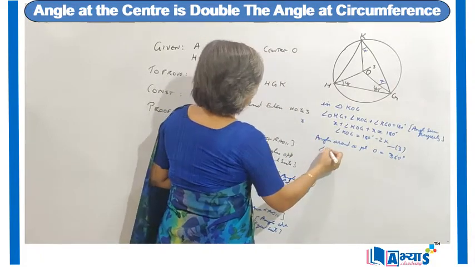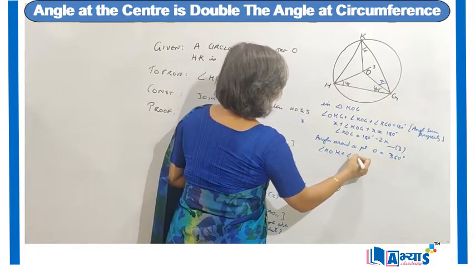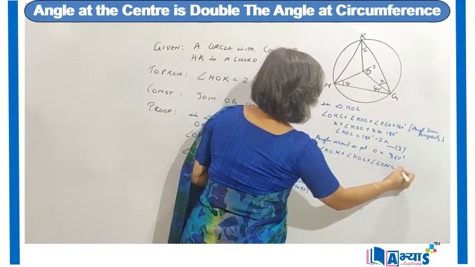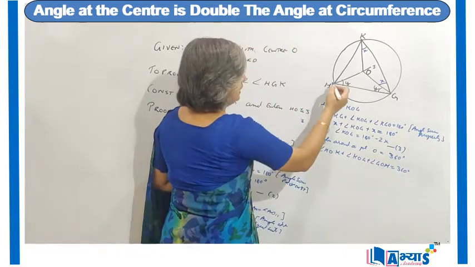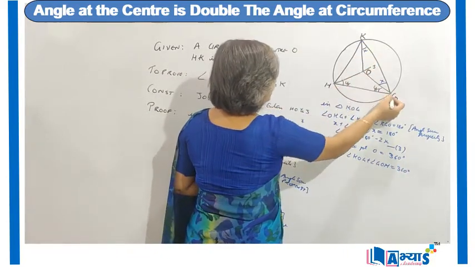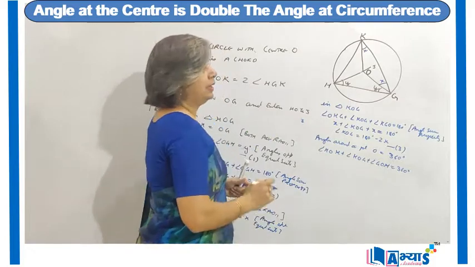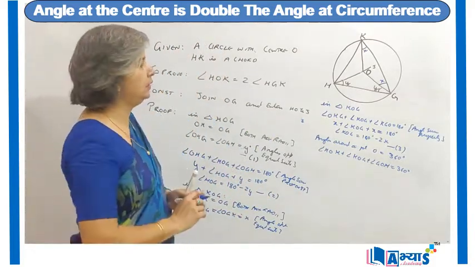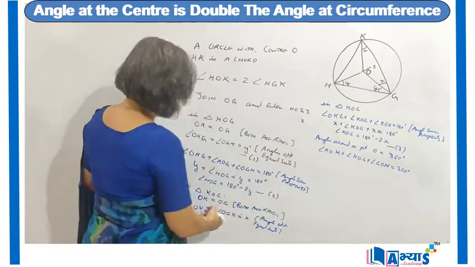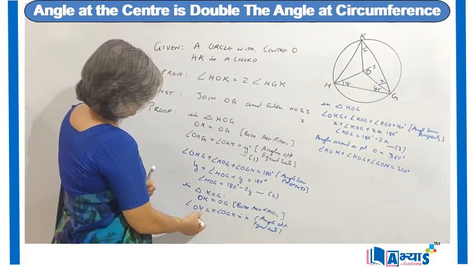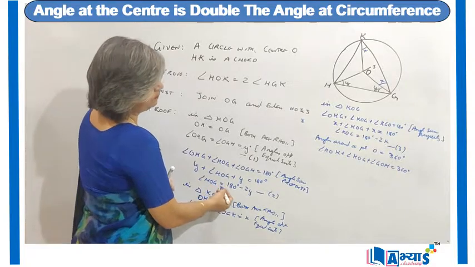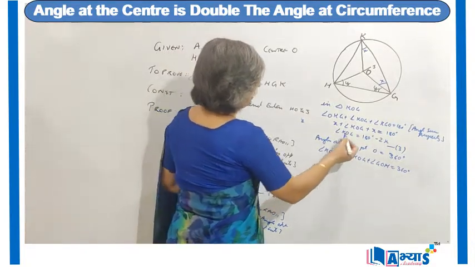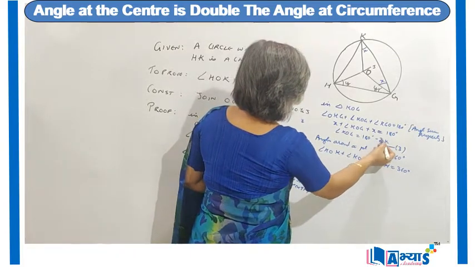So angle HOK plus angle KOG plus angle GOH is equal to 360 degree, because they are the angles around the point O. We have just found that angle HOG is equal to 180 minus 2y and KOG is equal to 180 minus 2x.